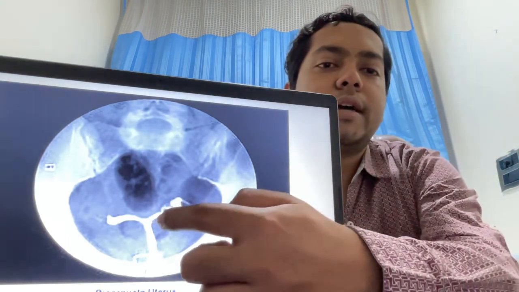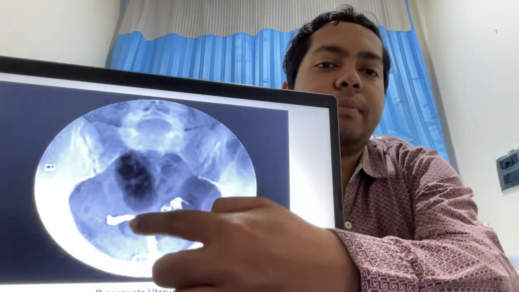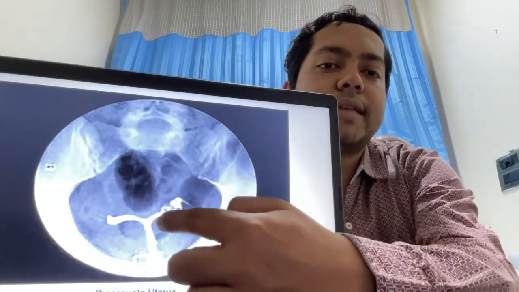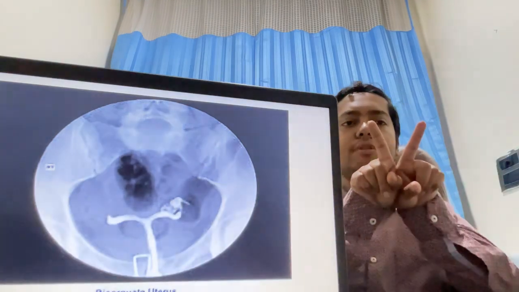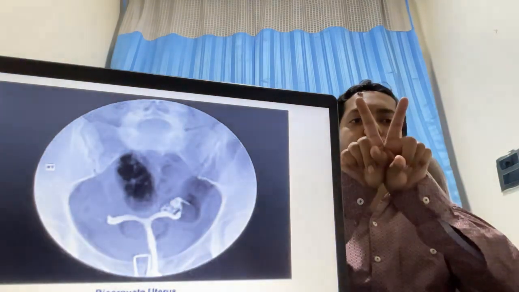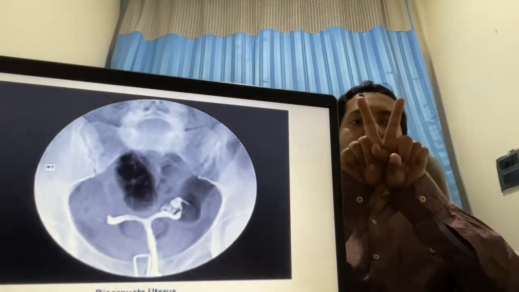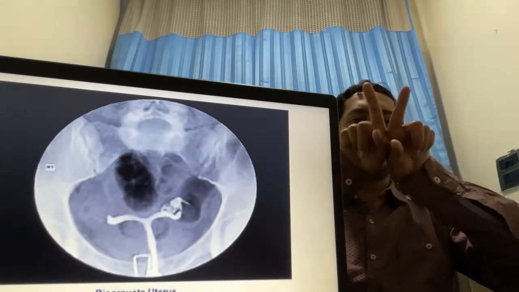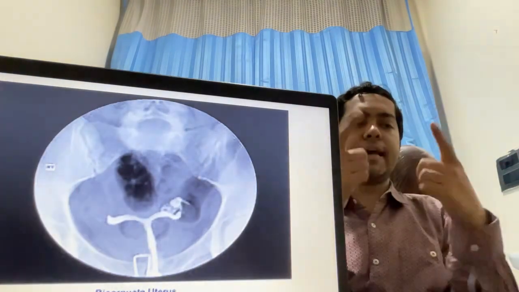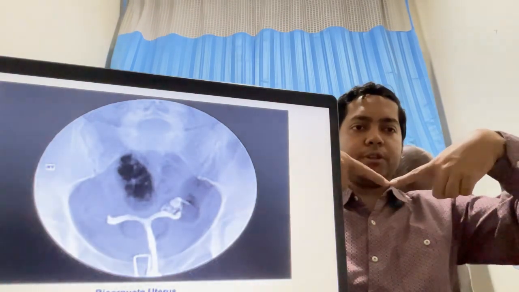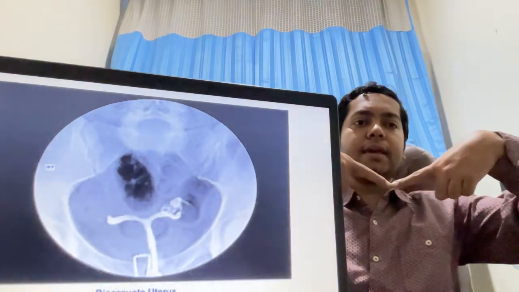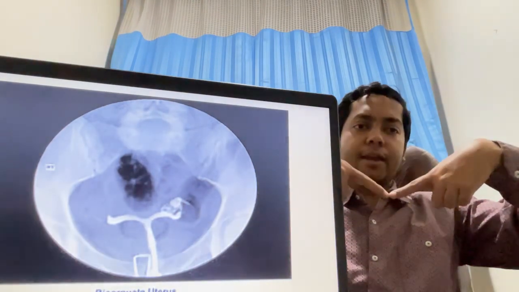Number two, the angle between the two uterine cavities, if this angle is acute, अगर ये acute angle है, then we will say more chances of septate uterus, whereas if it is obtuse, अगर ऐसा है, ठीक है, ऐसा है हमारा uterus, obtuse angle है, then we will say कि more chances of bicornuate uterus.